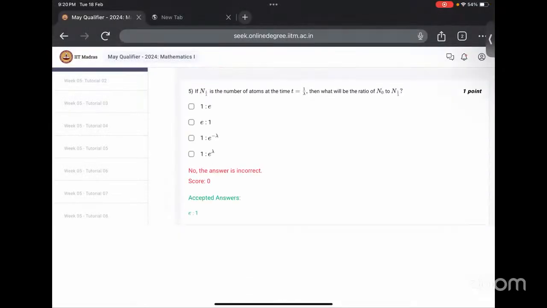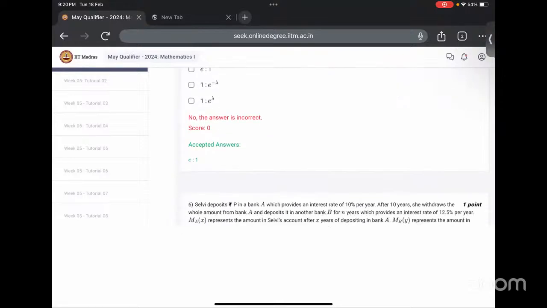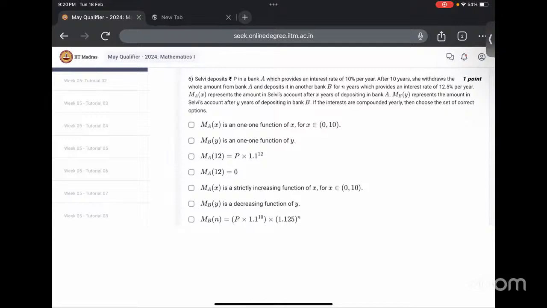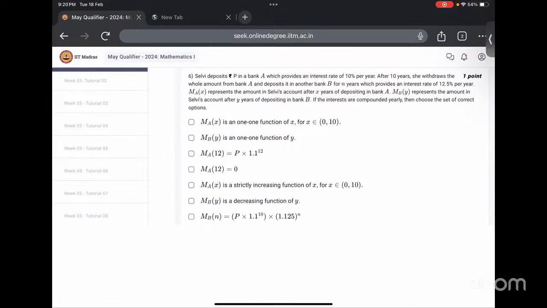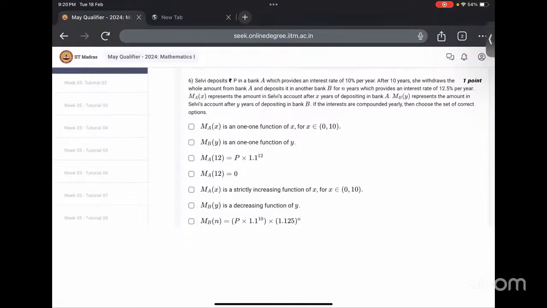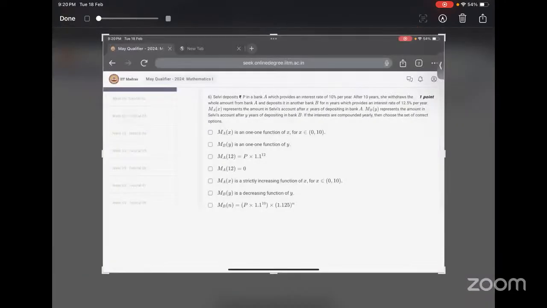Okay. Fifth one, similarly we can do. What about sixth one? Our target is we have to first generate the formula of MAX and MBY, then we can check the options, right? How can we generate the formula for MAX and MBY?